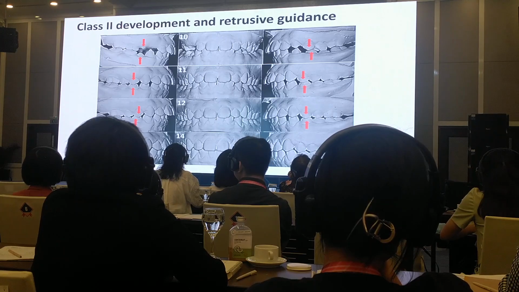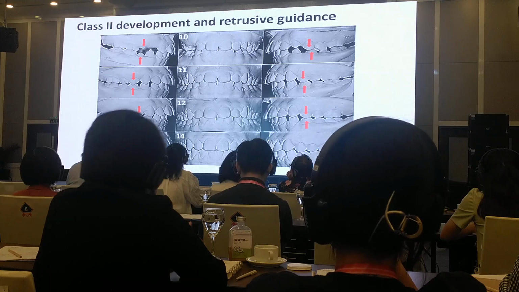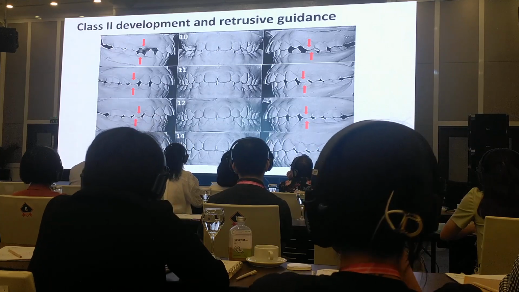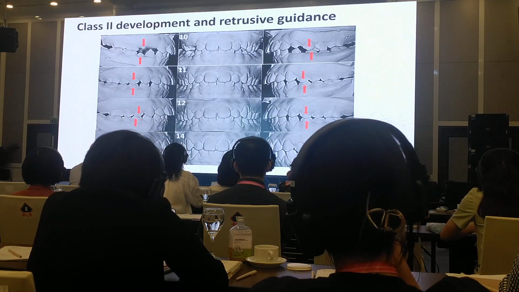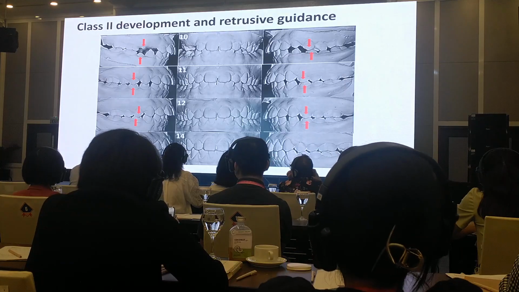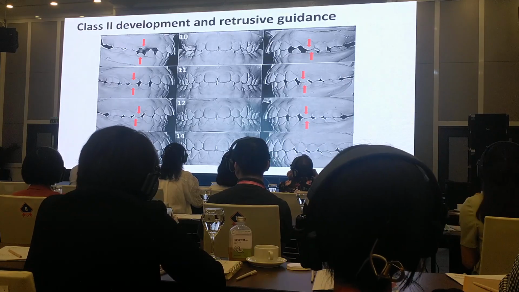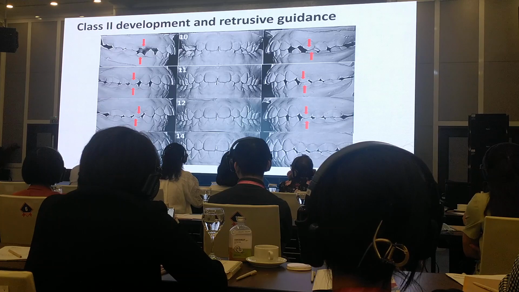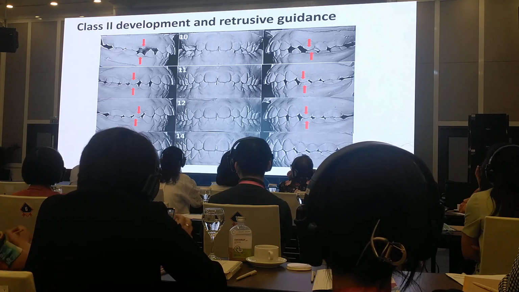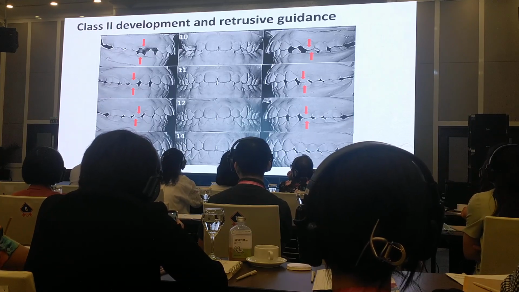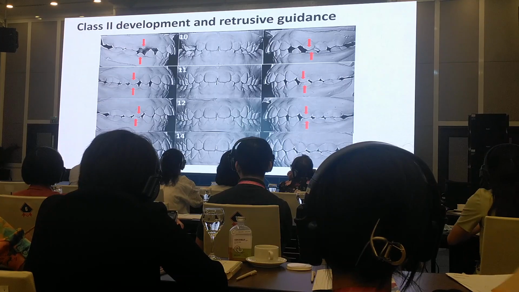If we want to do some early preventive orthodontic treatment, at an early stage, 6, 7 years old, you should make a diagnosis and treatment plan, then change, right, the mandibular adaptation.